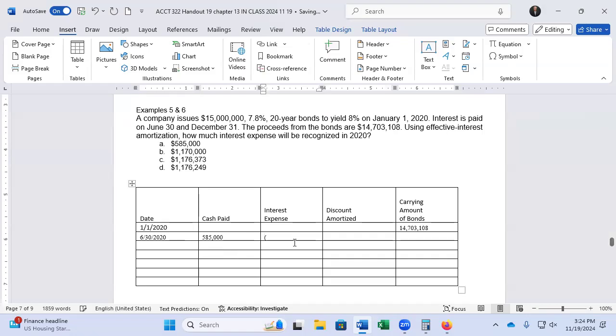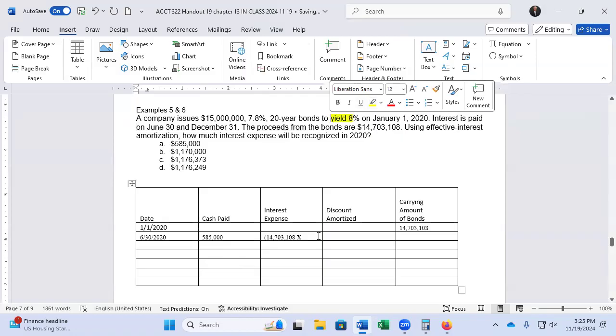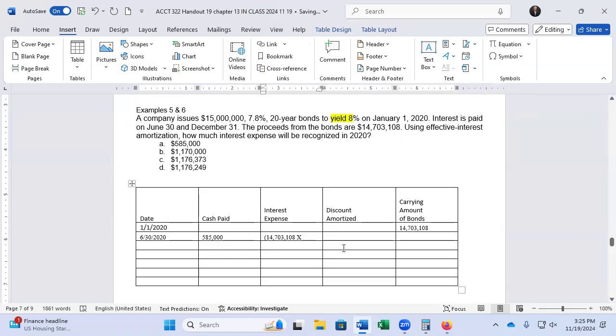Our interest expense, 14,703,108, and we have to look at what we're supposed to be yielding. And we're supposed to be yielding 8%.